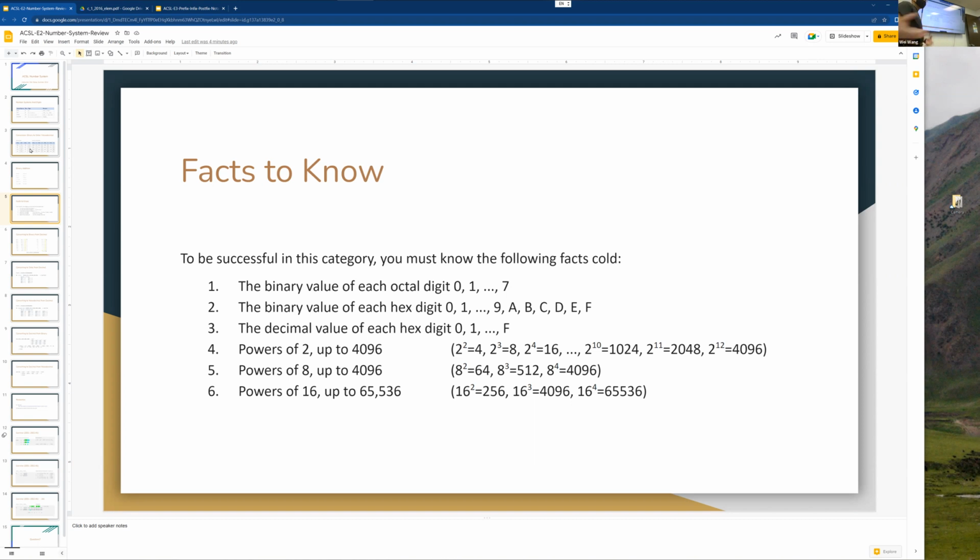A is 10, B is 11, up to F, which is 15. And also the binary values of each of those, that's the conversion table that we just talked about earlier.